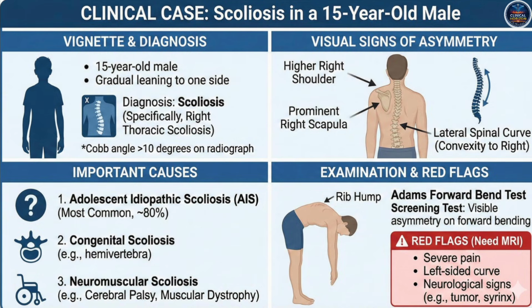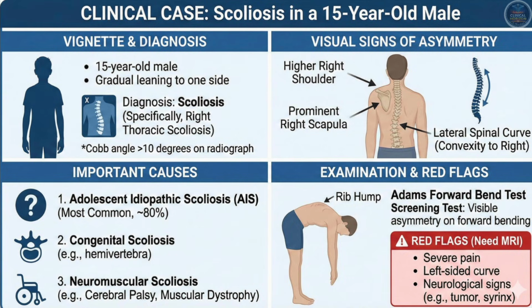Second question asks, name 3 important causes of such conditions. The answer to write: adolescent idiopathic scoliosis or AIS. This is by far the most common cause, accounting for about 80% of cases, fitting the age of our patient.